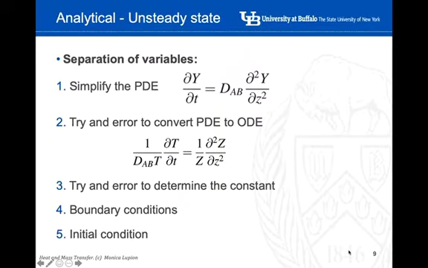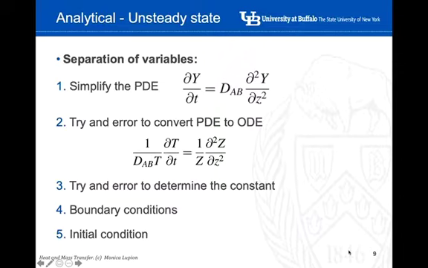So how can we analytically solve this equation? Well, first, we need to simplify the partial differential equation, which is way more difficult in most cases, more difficult to solve than the ordinary differential equation. So first, we need to simplify the partial differential equation as much as possible.